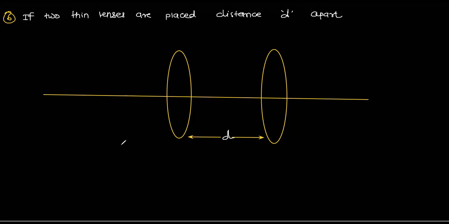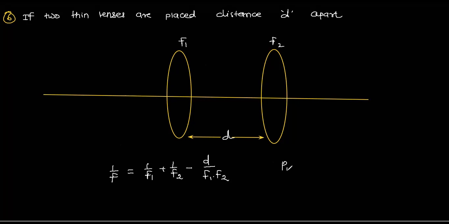They are separated by distance d. Okay, and it is having focal length f1, and this is having focal length f2. Then if you want to find the resultant focal length in this case, 1 by f is equal to 1 by f1 plus 1 by f2 minus d by f1 into f2.